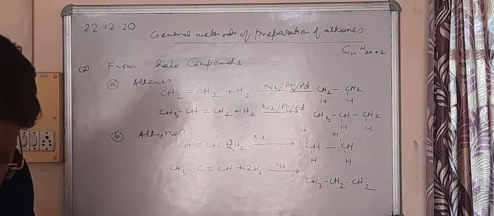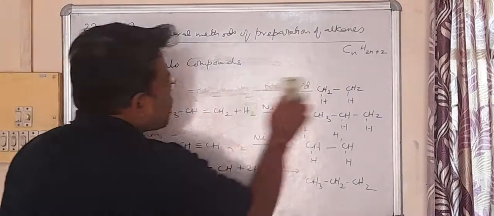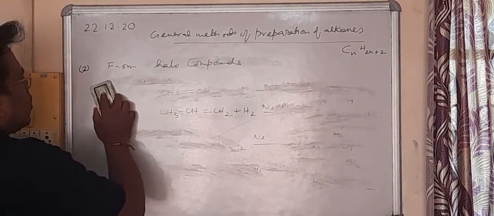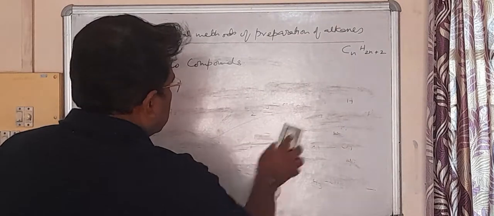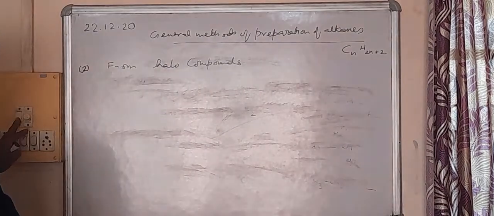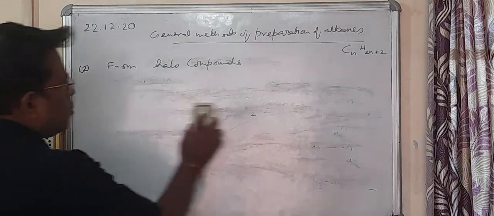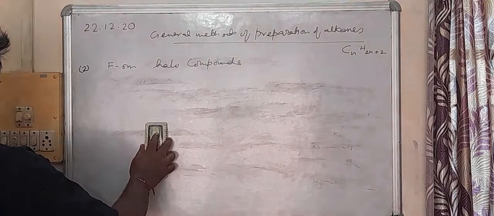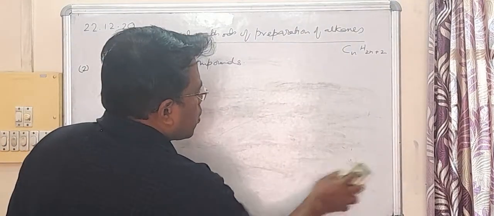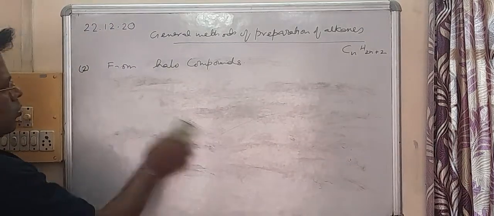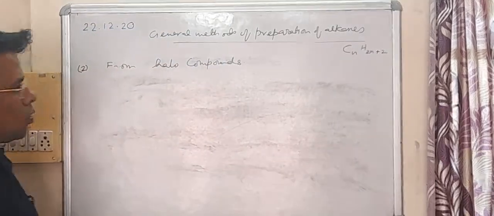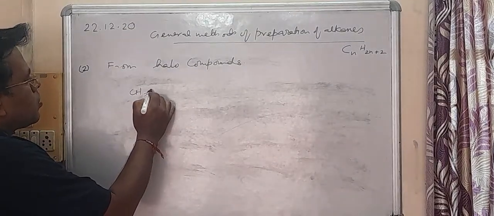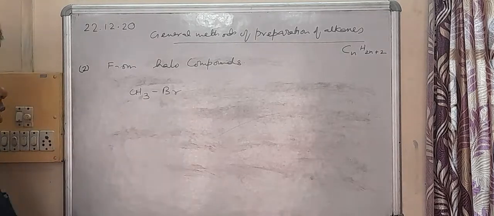Okay, I am showing you how it can happen. So suppose CH3Br. This is a halo compound.